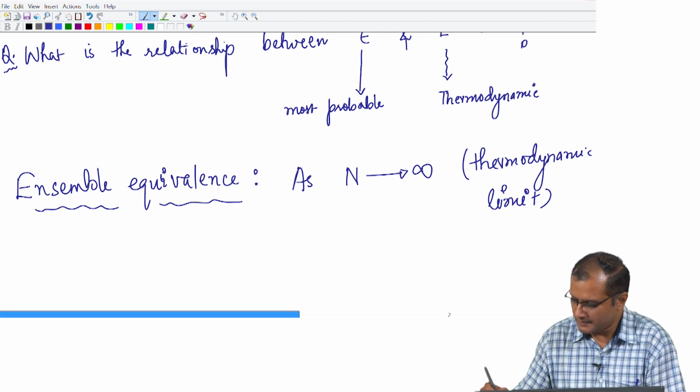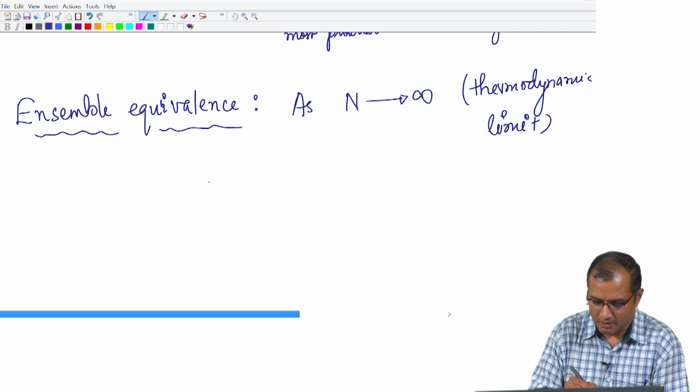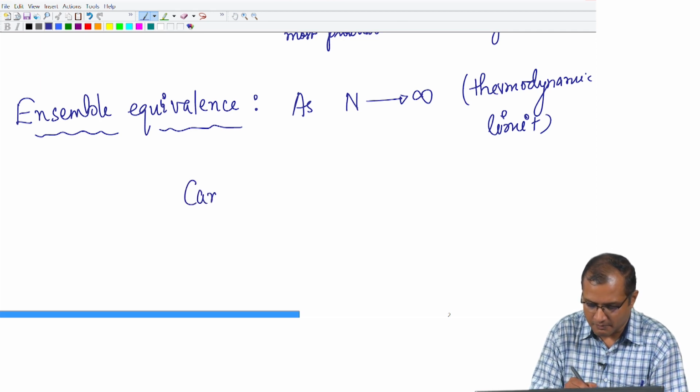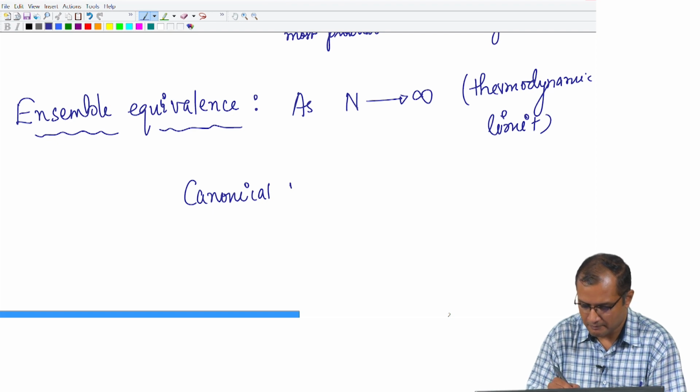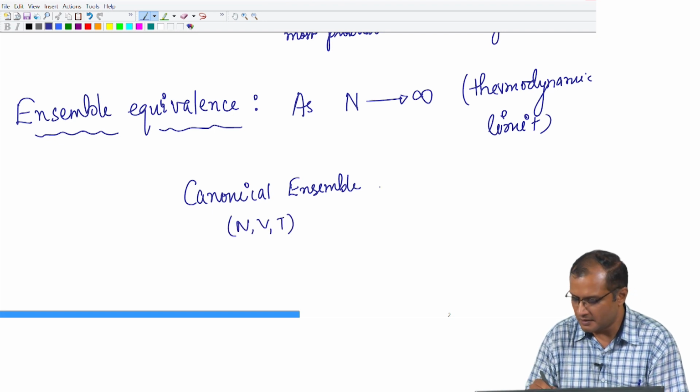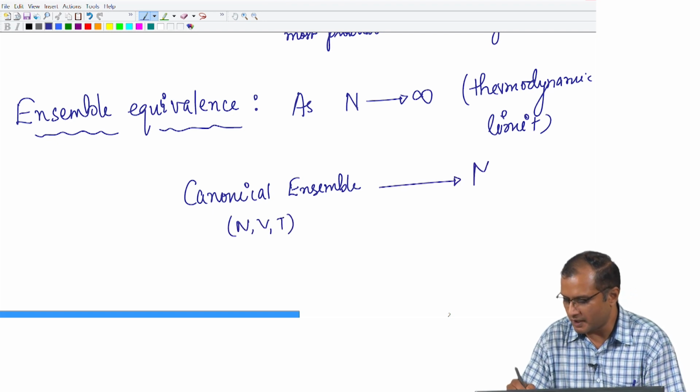So, the canonical ensemble, that is the ensemble of NVT, converges to microcanonical ensemble, they become the same.